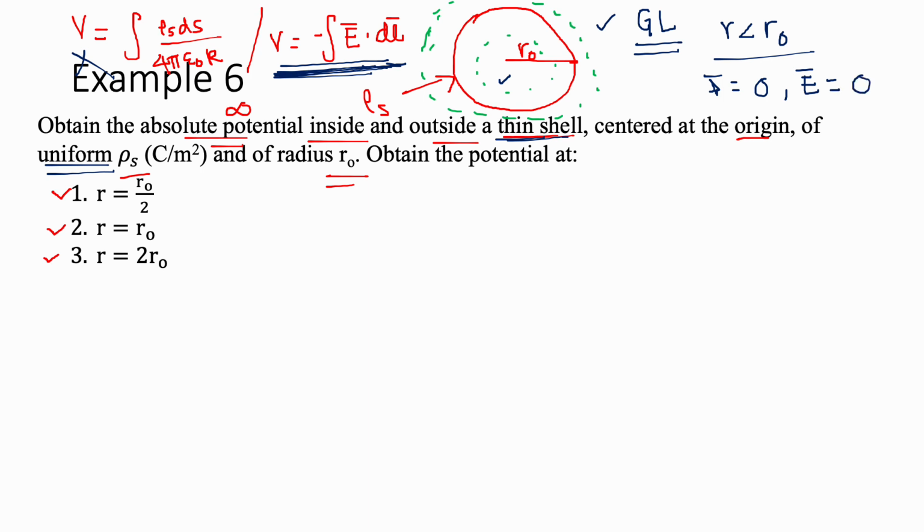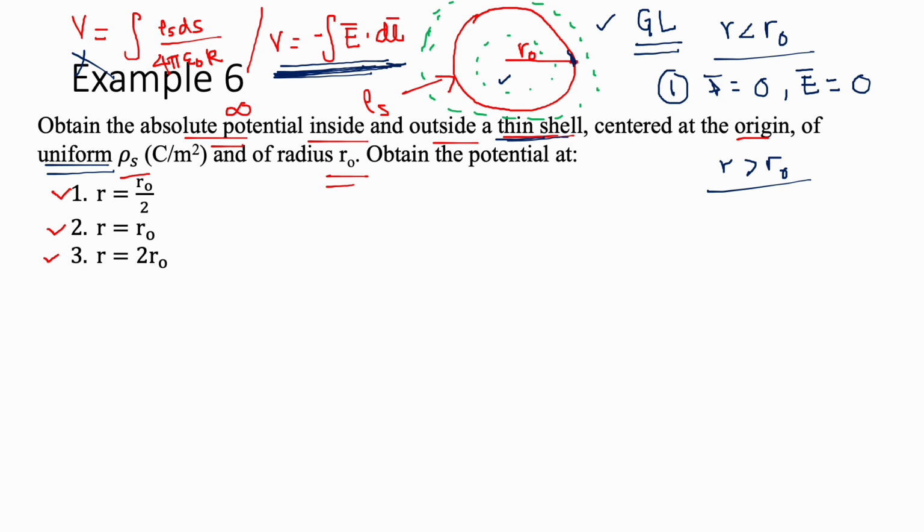So this is our first condition of the E field when r is less than r naught. However, when r is larger than r naught, will there be charge? Yes, right? Because the surface charge is already included.